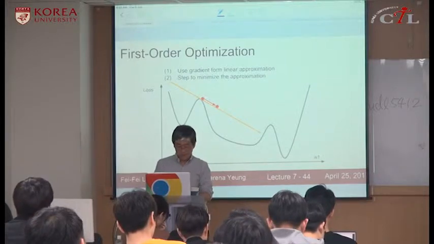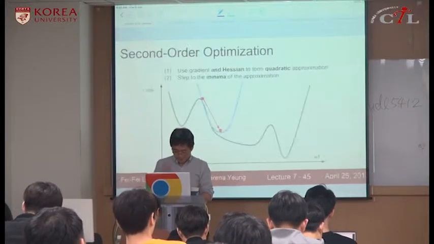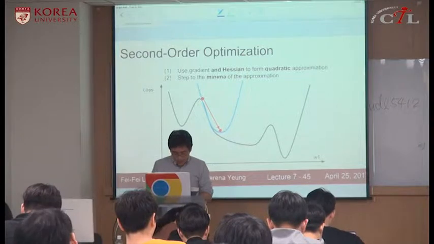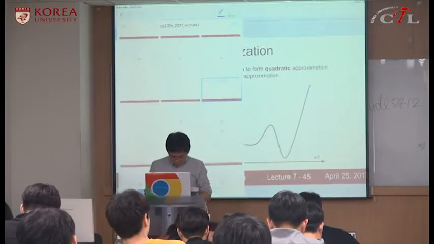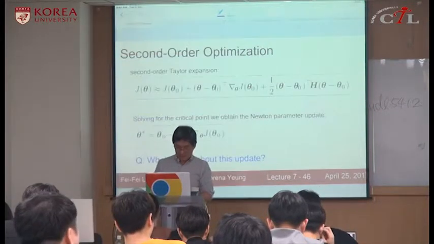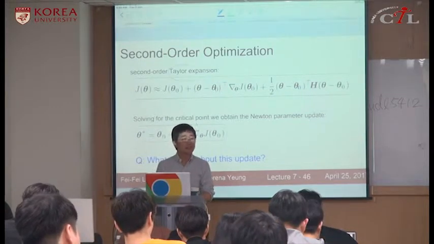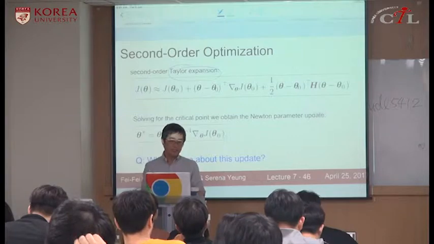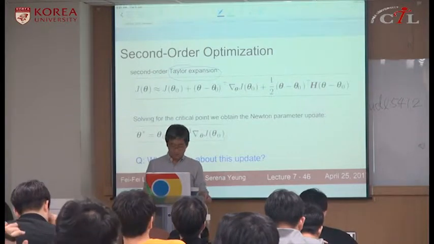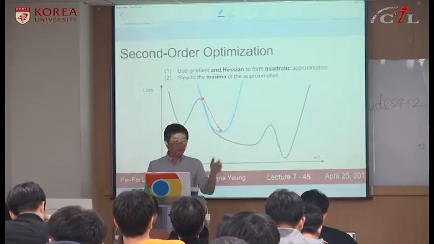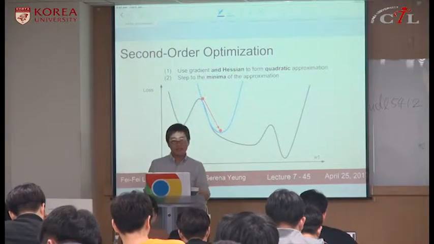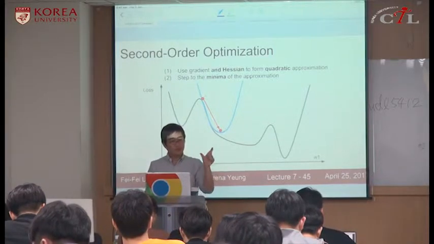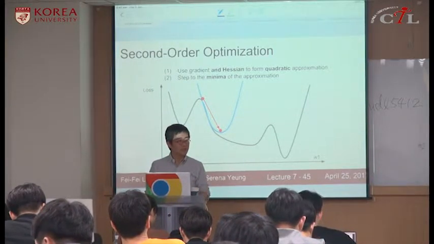Next, the first order and the second order optimization. It is related to Taylor expansion. The Taylor expansion is to approximate complicated functions as a simple first order or second order degree polynomial.